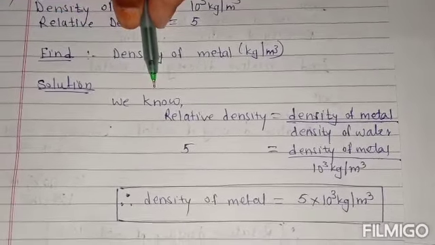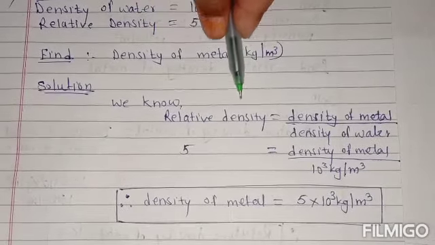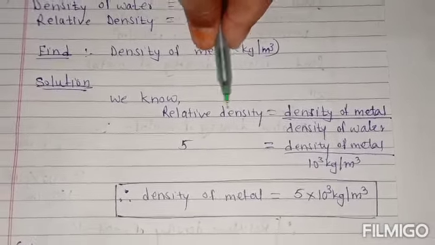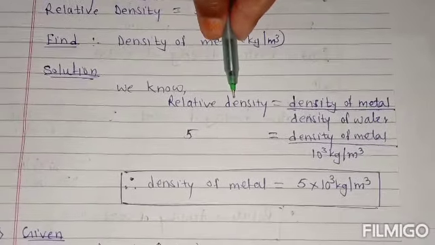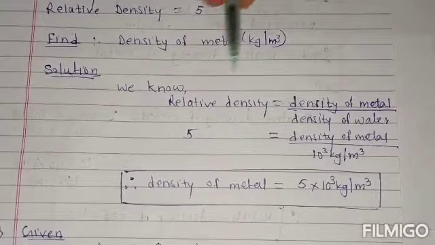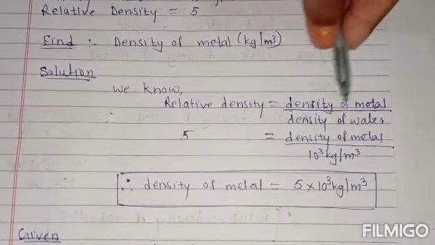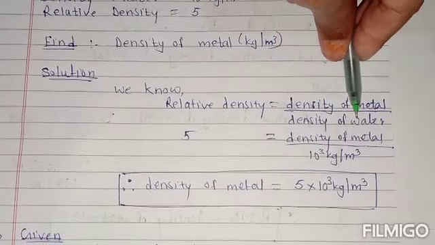We know the formula for finding the relative density. Using this formula, we can find density of metal. Relative density is equal to density of metal upon density of water.